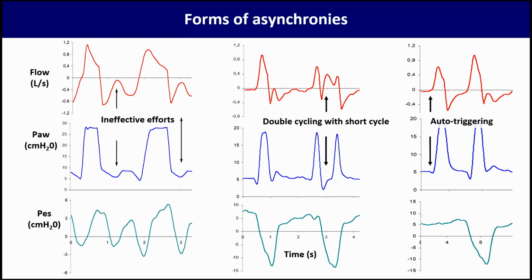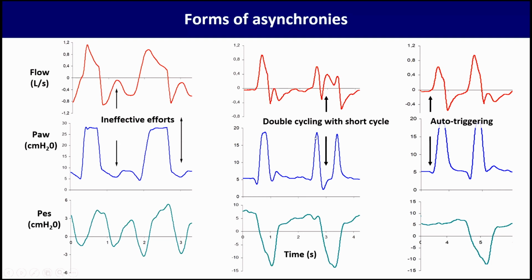So the subsequent breath, you can see the patient has a good effort, and that has actually triggered a breath. This is what we call an ineffective effort, and it may be a sign of early cycling with an ineffective effort. Here again, the second one, you see a drop in pressure, and that has delivered a breath.